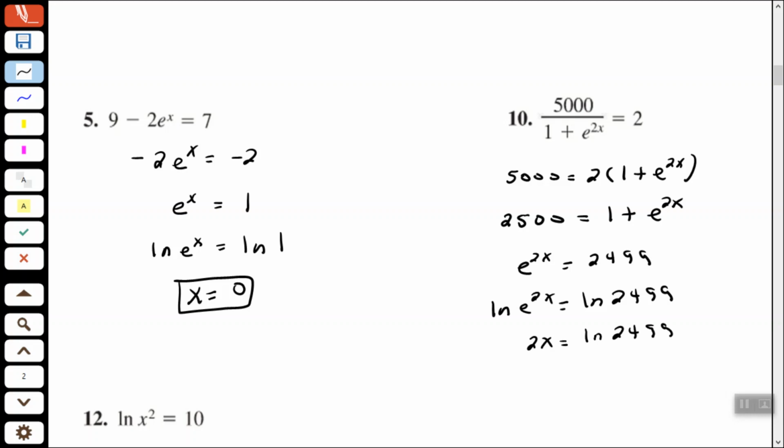And then divide both sides by 2. So in the calculator, we will do the natural log of 2,499 divided by 2, and that should give us approximately 3.912.